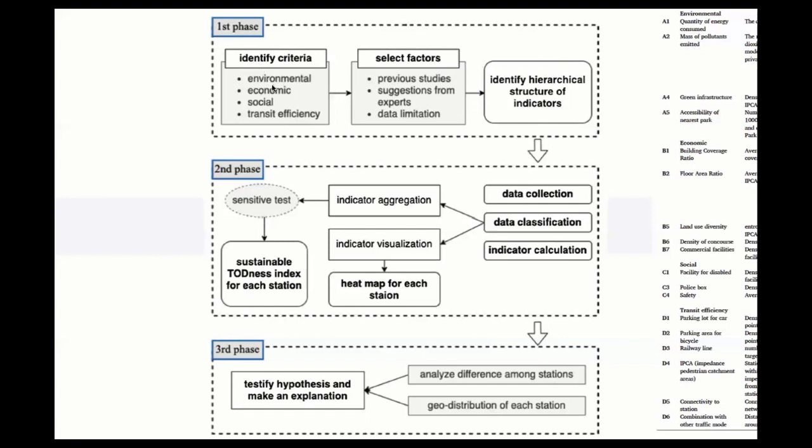They're considering the 4 dimensions: environmental, economic, social, and transit efficiency. They're promoting these 4 dimensions, and we'll take a closer look at all the different variables. They specifically selected the variables to reflect the idea of sustainable development.